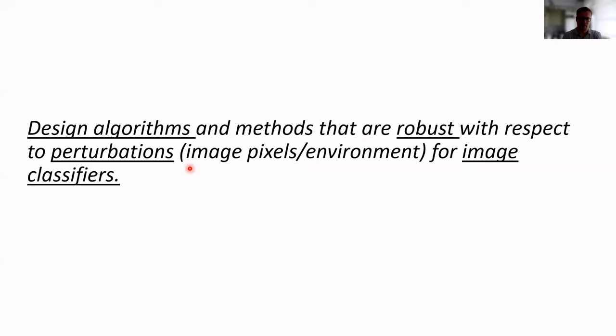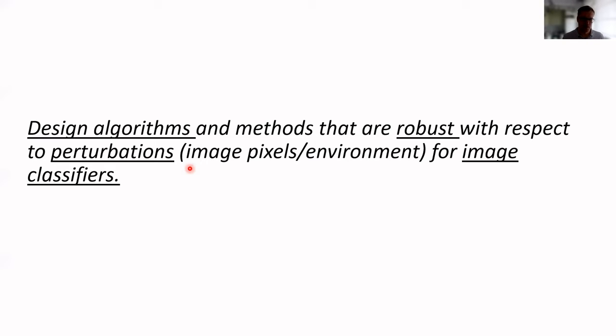So instead of a cat, you add some invisible noise, and the neural network thinks that it's like a shrimp or whatever. And this is a really bad property because for mission critical deployments, you want to be certain that something like that won't happen.